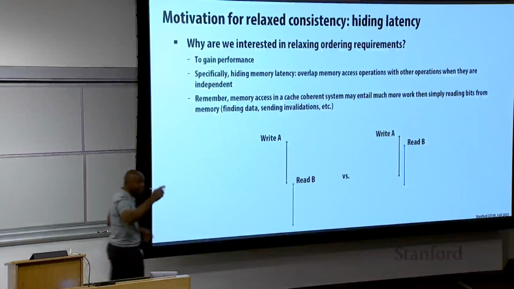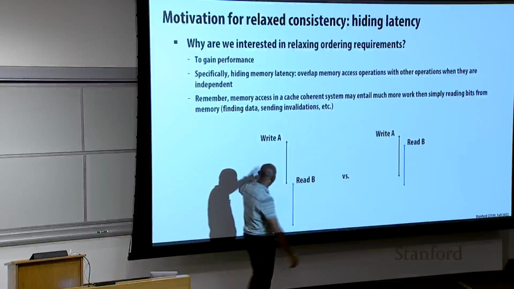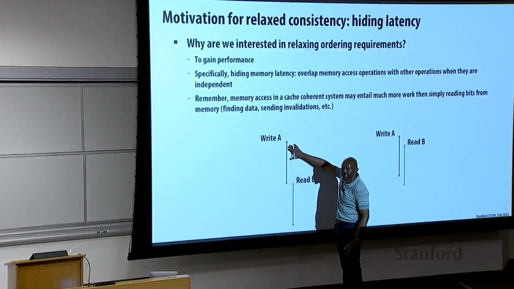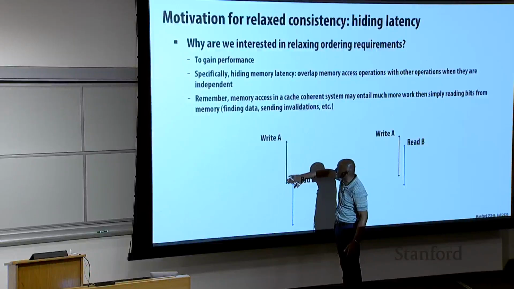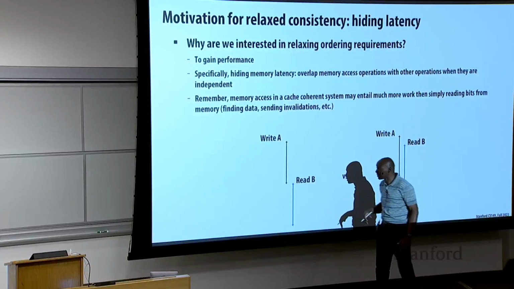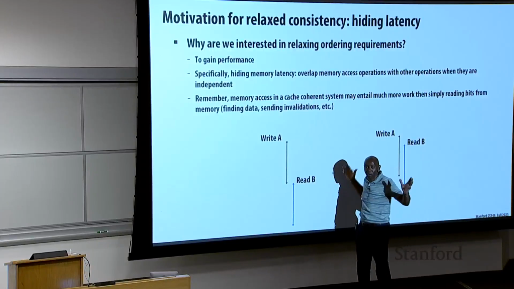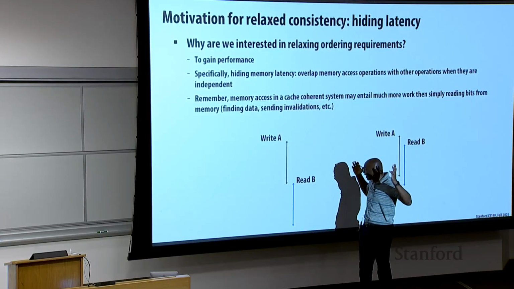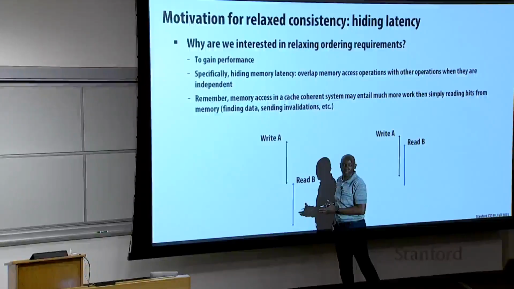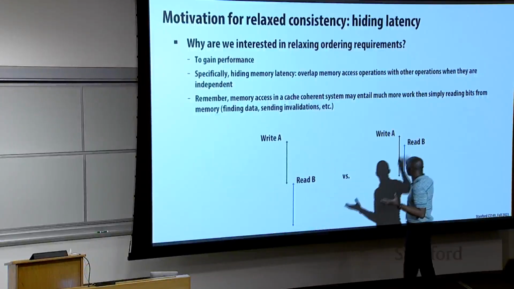In particular, there was a comment: what if I had a write which was going to miss the cache and have to do all sorts of things? It's going to take a long time. Followed by a read, and maybe this read is going to hit the cache. They're two different addresses, they're unrelated. Why shouldn't I do the read before the write, or at least overlap the two?